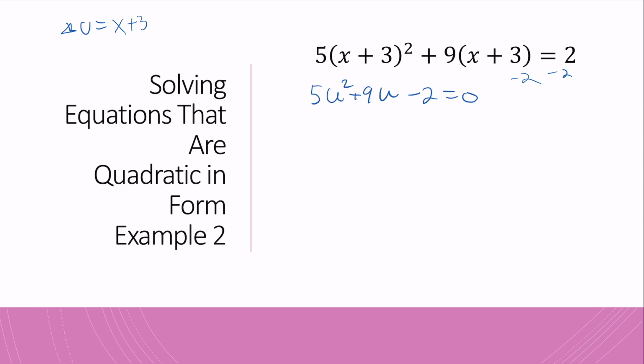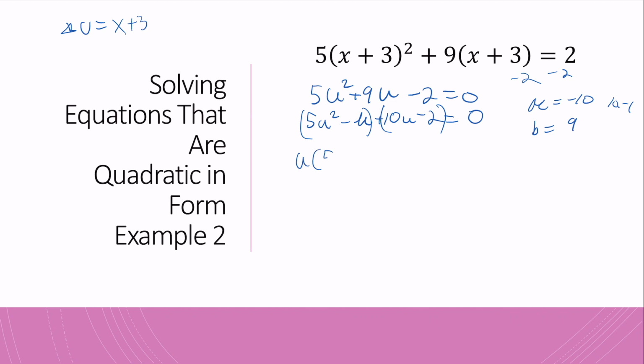So now I have to think, okay, are there any factors of ac, which is negative 10, that add up to b, which is 9? Yeah, how about 10 times negative 1? So I've got 5u squared minus u plus 10u minus 2 is 0, and now I can factor by grouping.